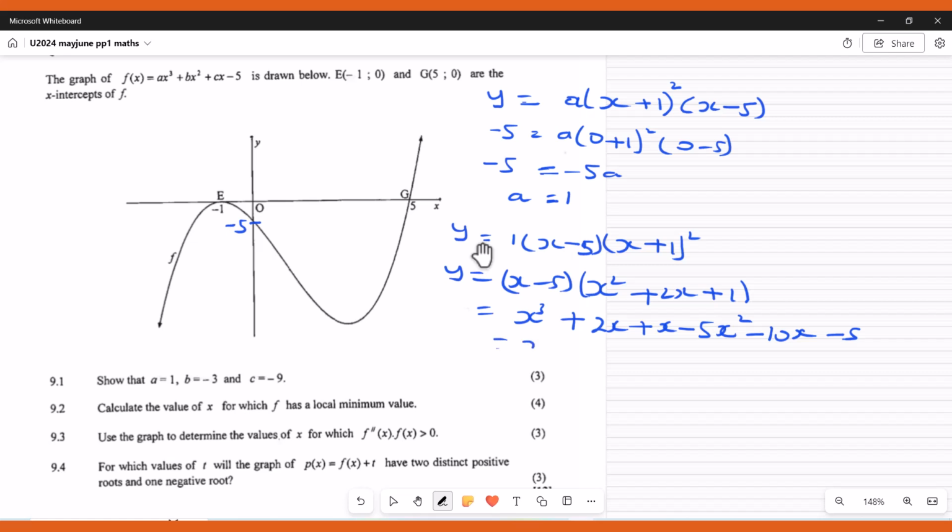Now collect like terms here. Hmm, let's check properly.